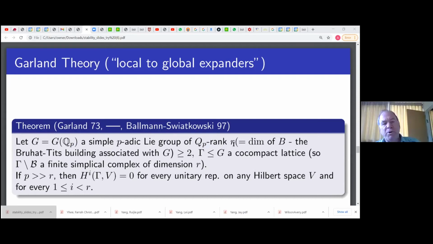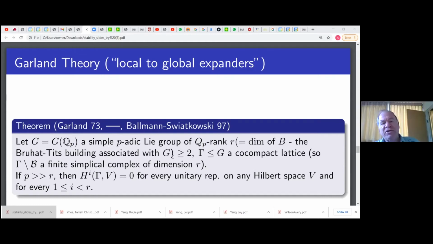But what is important for us, a little bit, is that every such simple group acts on the so-called Bruhat-Tits building associated with G. Those of you who are familiar with the theory over the real numbers know that when you start with a simple real Lie group like SL2R, SLNR, you divide it by a maximal compact subgroup, you get the so-called symmetric space.